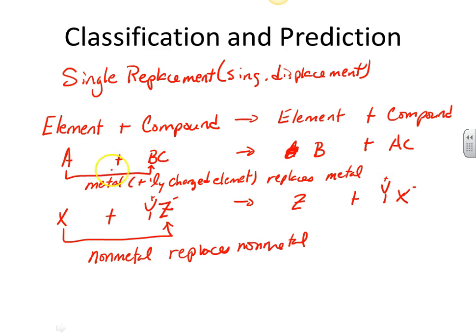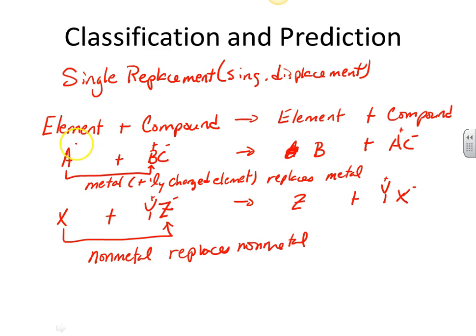And A reacts with BC. B is the positively charged oxidation state, whereas C is our negative. A is replacing B, so that means A must have the ability to develop a positive oxidation state, meaning that it is likely metallic, and C remains negative.